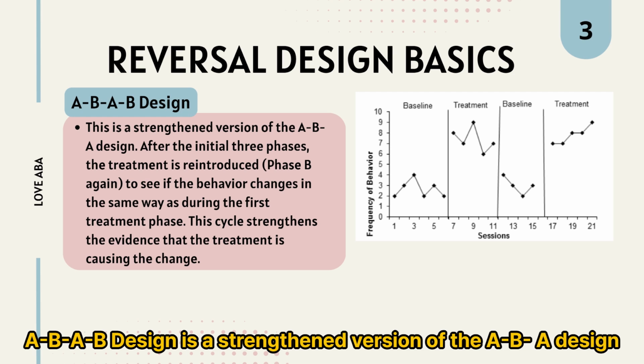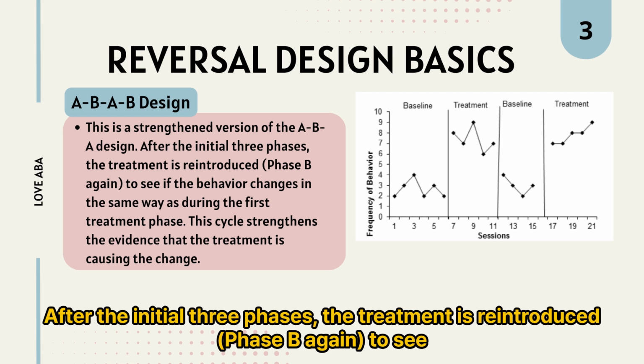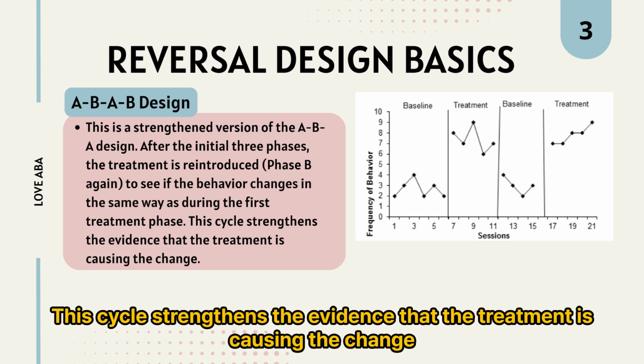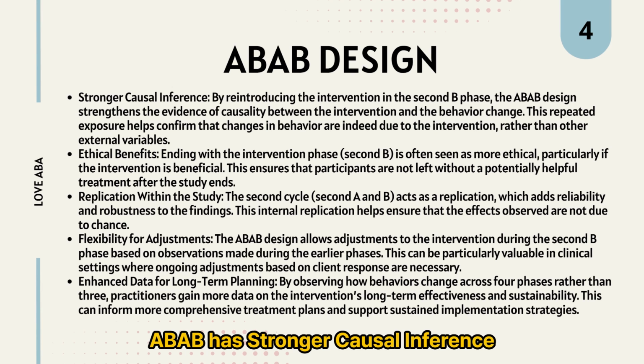An ABAB design is a strengthened version of the ABA design. After the initial 3 phases, the treatment is reintroduced, phase B again, to see if the behavior changes in the same way as during the first treatment phase. This cycle strengthens the evidence that the treatment is causing the change. ABAB has stronger causal inference.